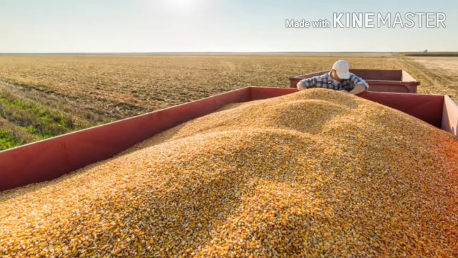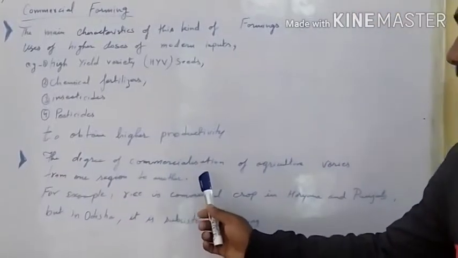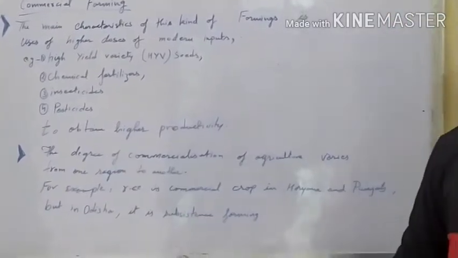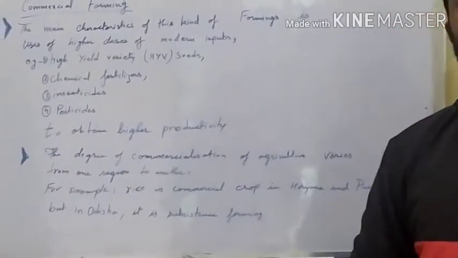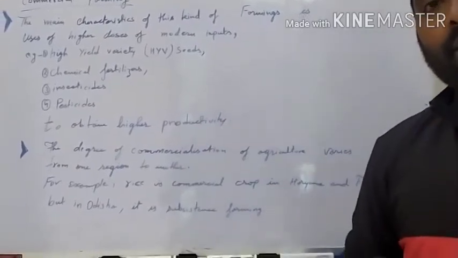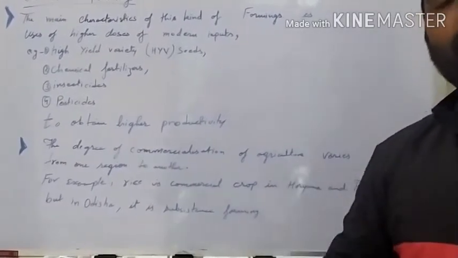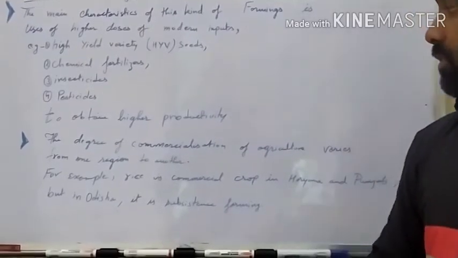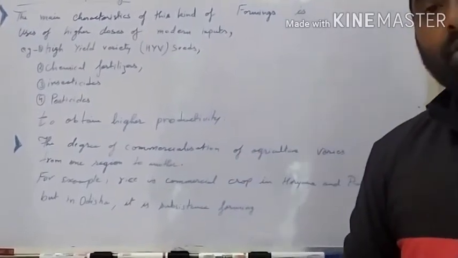Now, the degree of commercialization of agriculture varies from one region to another. Commercialization means the agriculture is done for a commercial purpose, that means to earn money.